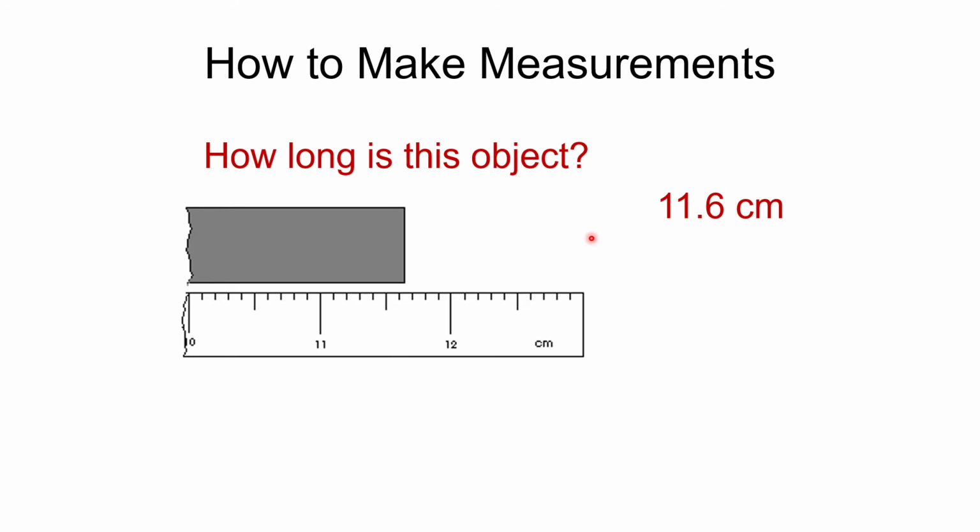All right. Well, what about the next number? So we know it's between 0.6 and 0.7. Could we estimate what that next number is? Now, usually when I'm in class, I have students estimate, and sometimes students will say, okay, 11.65. And quite honestly, I can't disagree with that.